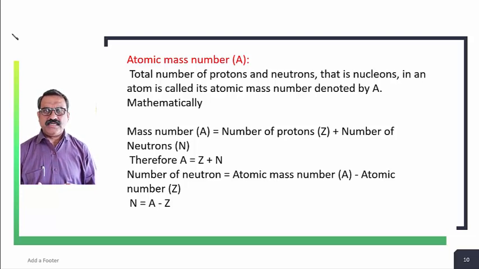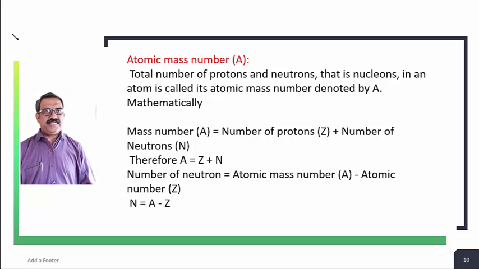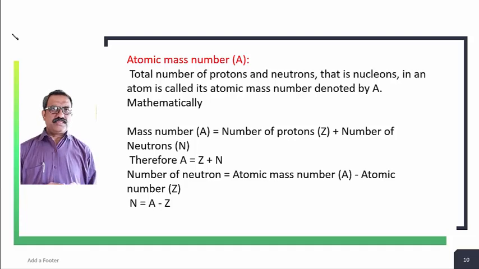Number of protons is nothing but atomic number capital Z plus number of neutrons capital N. That is, A is equal to atomic mass number is equal to atomic number plus number of neutrons.